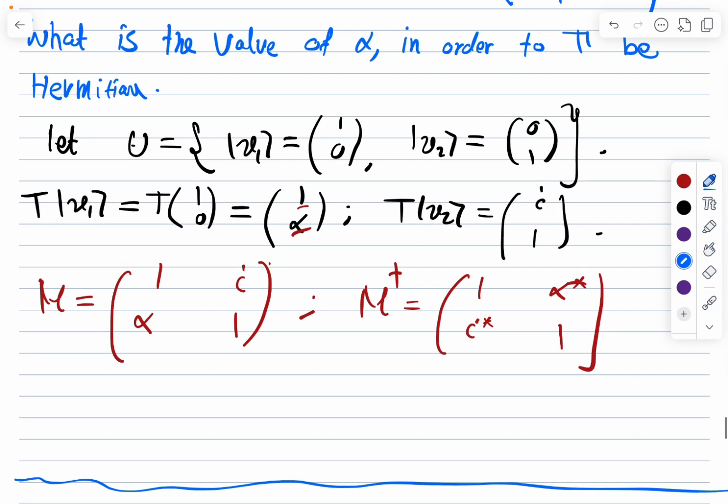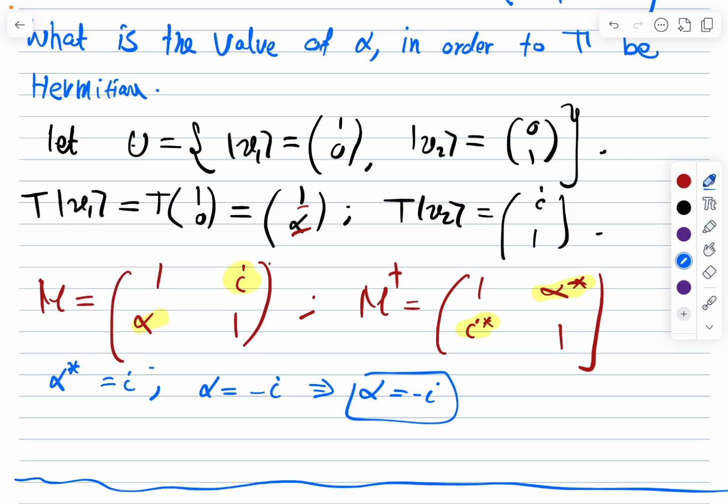So we deduce that alpha dagger, the conjugate of alpha, must equal i, and the conjugate of i must be equal to alpha. So alpha must equal minus i, because it's the conjugate of i. So we deduce that alpha equals minus i.